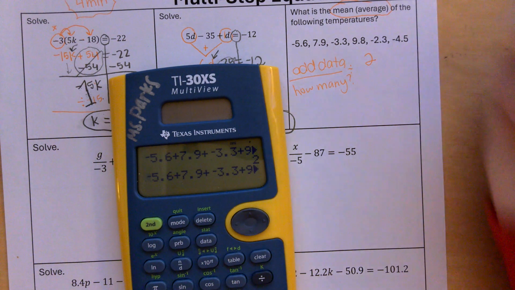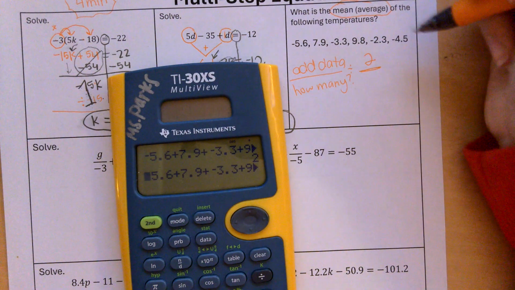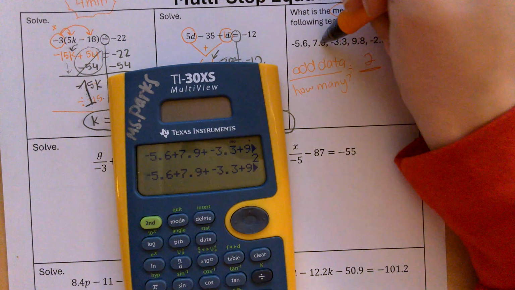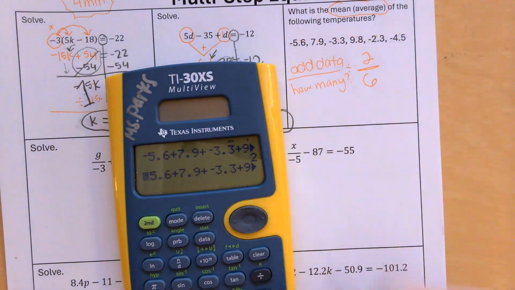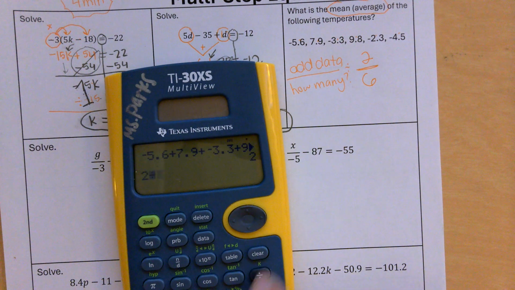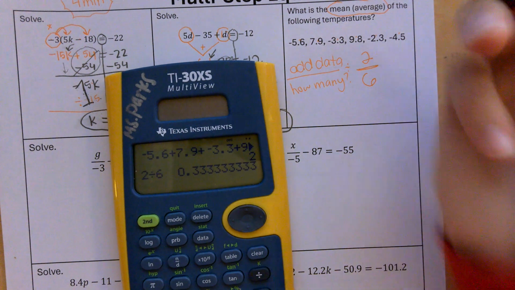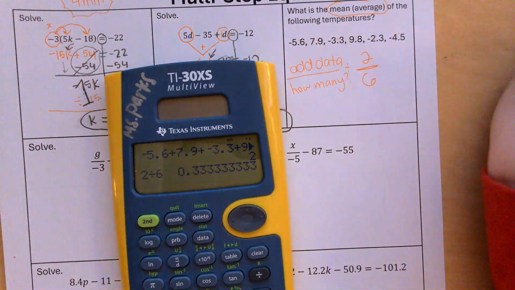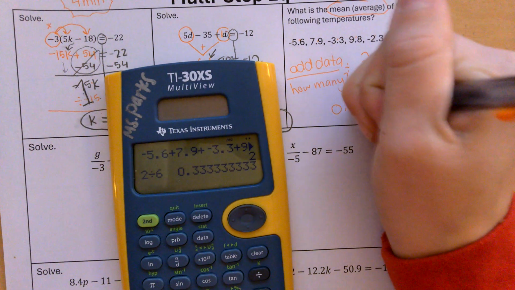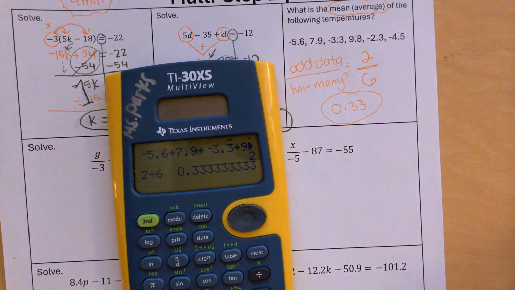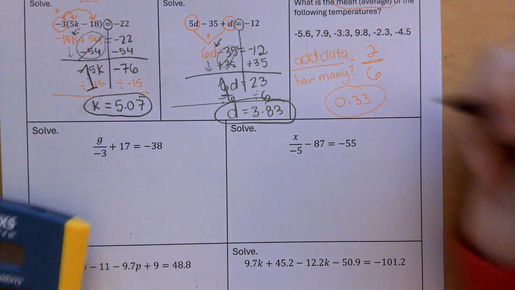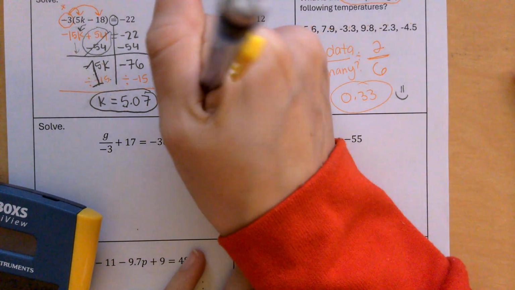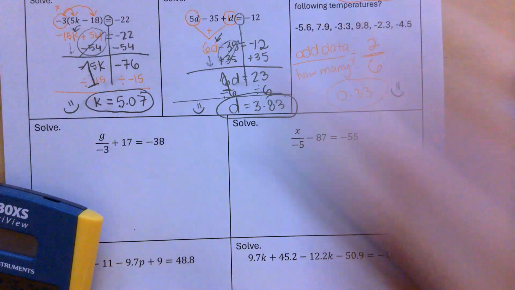Okay, got my numbers right. Then I'm going to divide by 1, 2, 3, 4, 5, 6, because there are 6 numbers. 2 divided by 6, I get 0.33. Because it's in decimal form, I'm going to keep it there. And that's my answer.